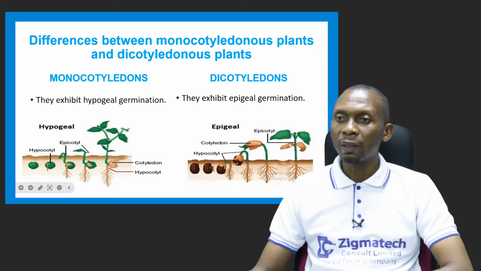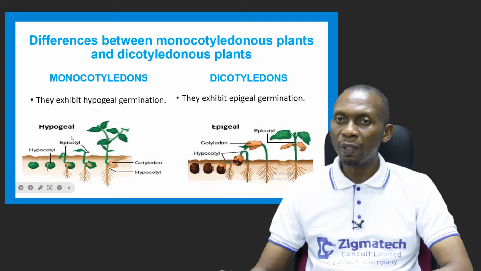These are the cotyledons. So this point above this withered, shrunk cotyledon is called the epicotyl, while the point below, just below the cotyledon, is called the hypocotyl.